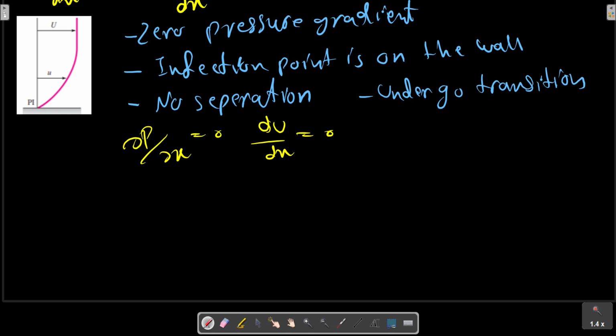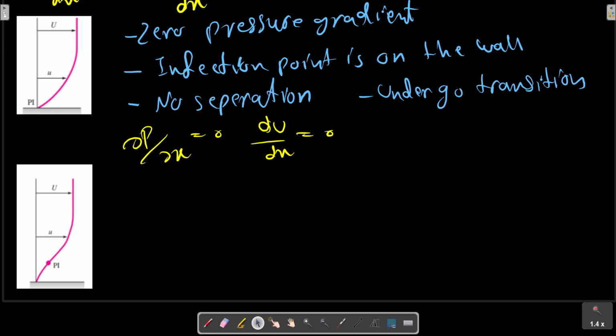The third case of the profile is the weak adverse gradient. Let me provide a picture.